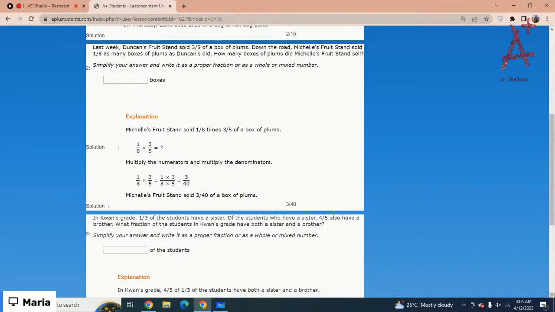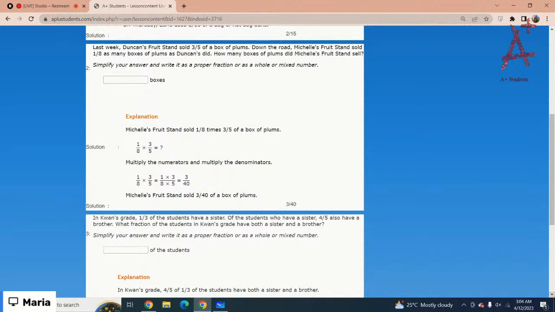Got it? So just do numerator times numerator and denominator times denominator. It would be 3 times 1 is 3 and 8 times 5 is 40. That means Mitchell's fruit stand sold 3/40 of a box of plums. Got it?